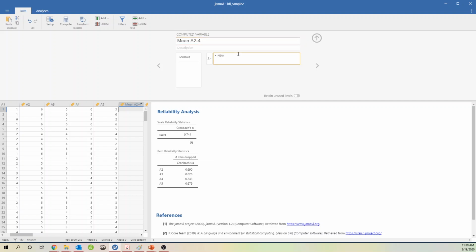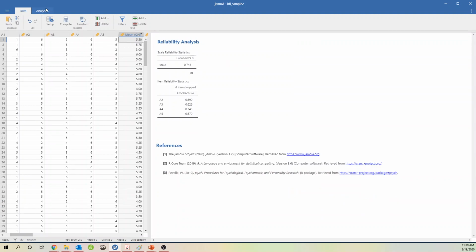And I'm just going to get the average of A2, A3, A4, and A5. Sorry, I should have put 2 through 5 there because that's what was in our analysis here. And close that parenthesis. So now we get the average score for 2 through 5.